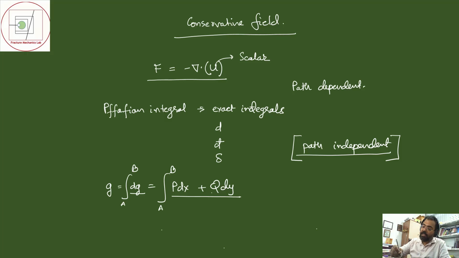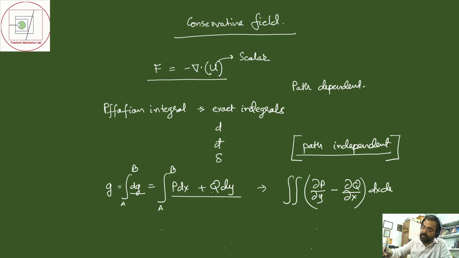Okay. And when you convert this using, I think, Euler's theorem, I believe, when you change it to area integration, then this integration converts to del p by del y minus del q by del x dx dy. And dx dy you can write as dA. So it becomes an area integration.